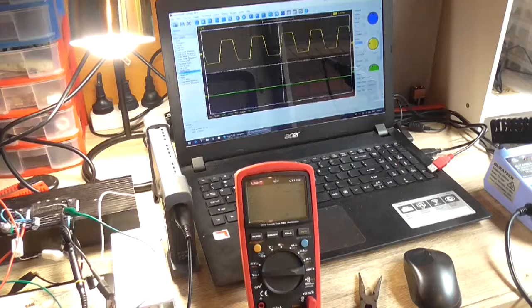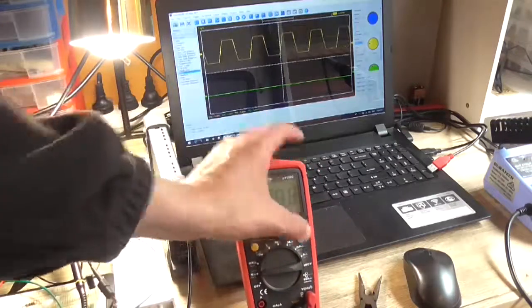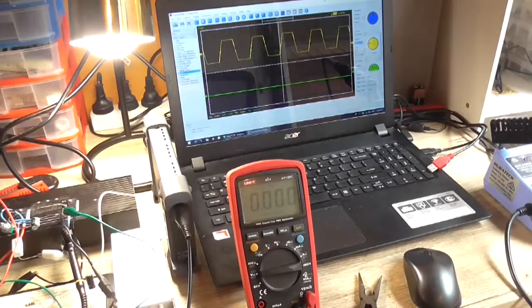But that was after I increased the input voltage to the OpAmp and got the OpAmp to do something. So this Zener diode rectification idea is not going to work.